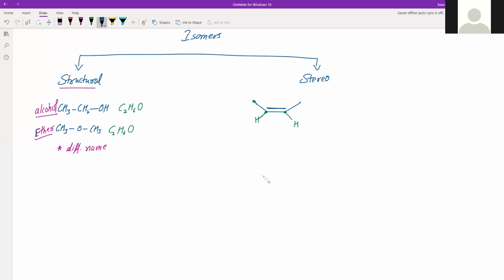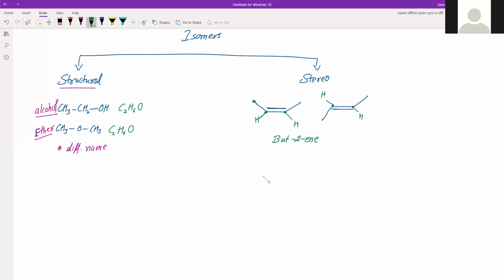Now, this is one structure. Another possibility is this. We still have the same formula, because you can see the structure also is the same, and there will be one hydrogen here and one hydrogen here. Now, what will be the name of these two compounds? It will be the same. Both compounds are but-2-ene.